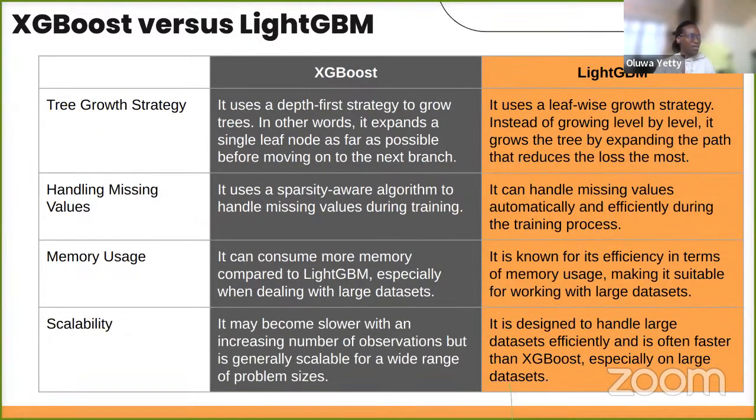And lastly, as the data set grows, XGBoost becomes slower, especially with an increased number of samples, but LightGBM has been built to handle large data sets efficiently and is usually faster than XGBoost. Those are the major differences between these two algorithms.